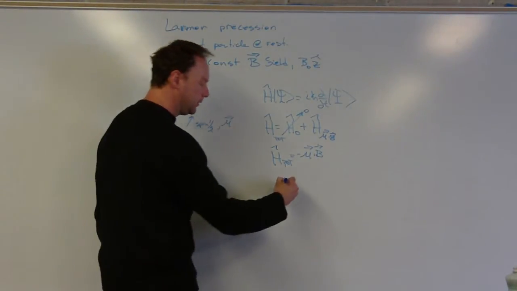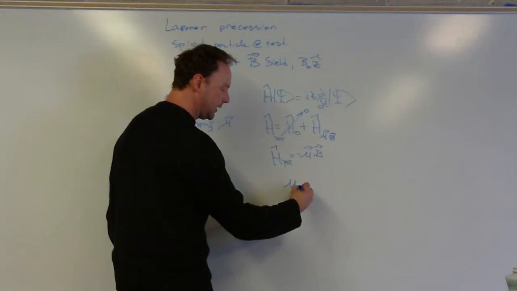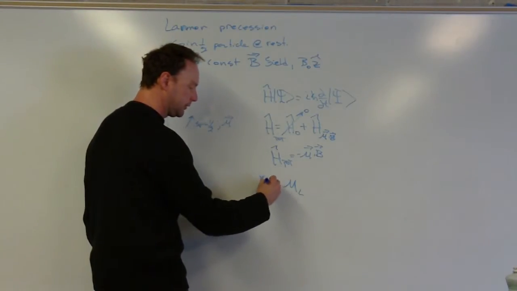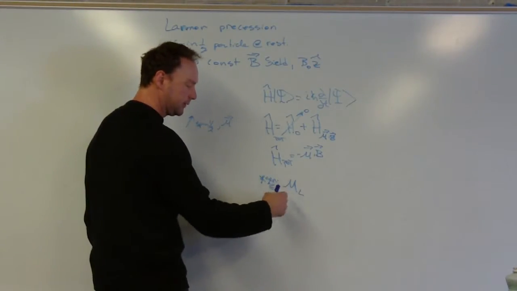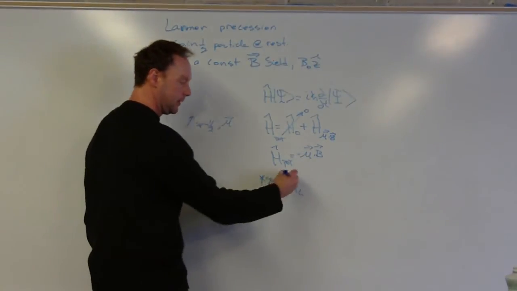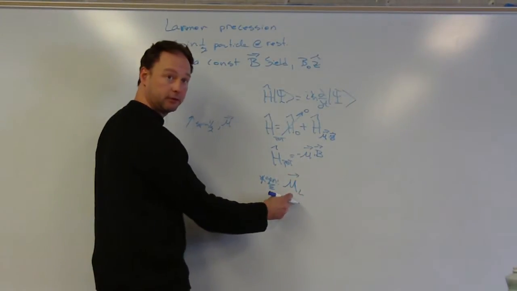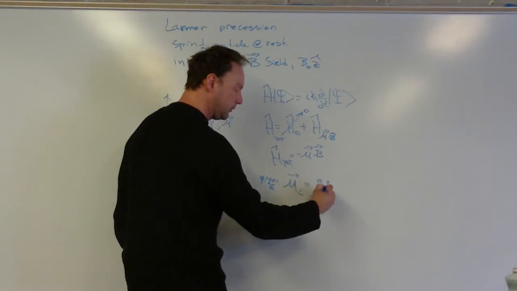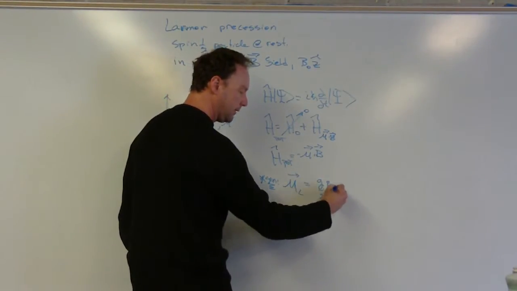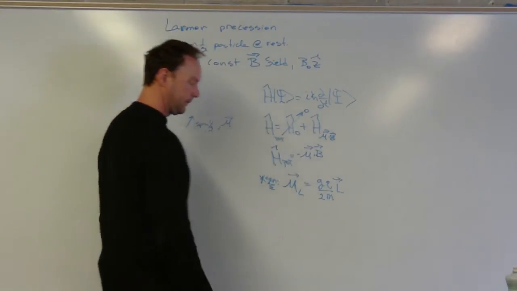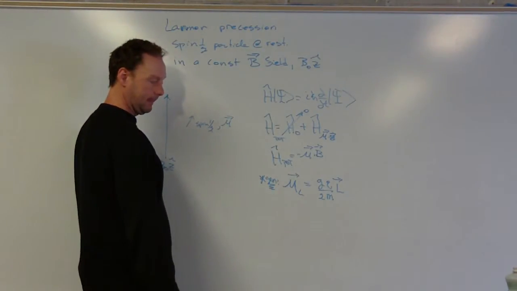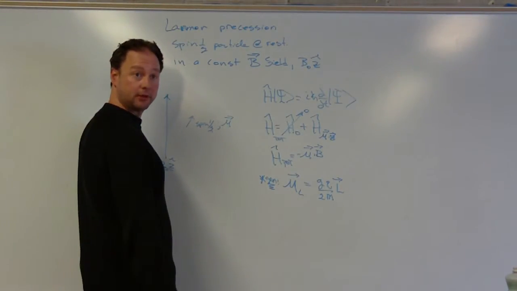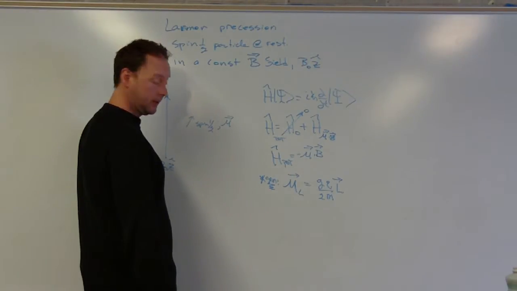All right? Mu, we learned last time. So here's the general form. Here's what we learned last time, and I expect all of you to know this at any time. Mu L, for general angular momentum, equals q over 2m L. That's the thing we derived last time for a specific case.